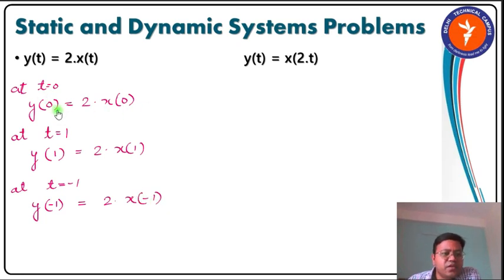Now this equation says that the output at t = 0 is equal to 2 times the input at t = 0. That means the present output is dependent on the present input.